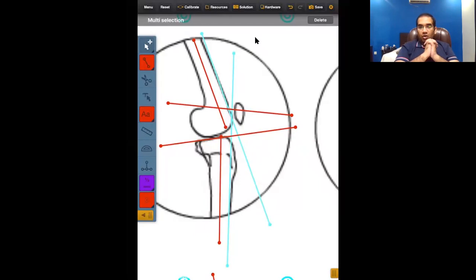Now there can be four possible scenarios. One, because of bony deformity of the femur, there is a flexion attitude at the knee joint. The other aspect can be because of bony deformity of the tibia, there can be flexion attitude. The other aspect can be that the bones are normal, maybe there is a flexion contracture of the posterior soft tissues which has led to the flexion attitude of the knee.